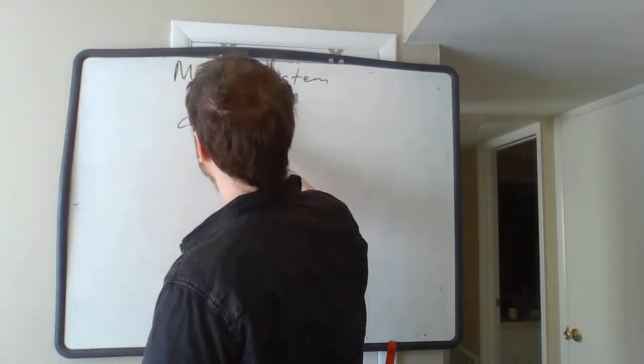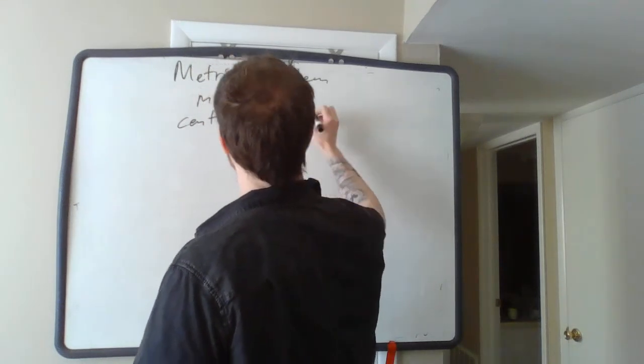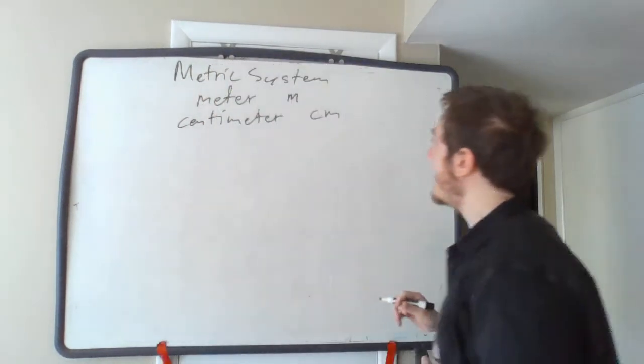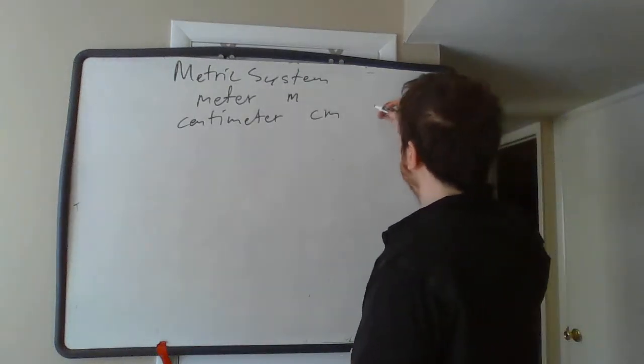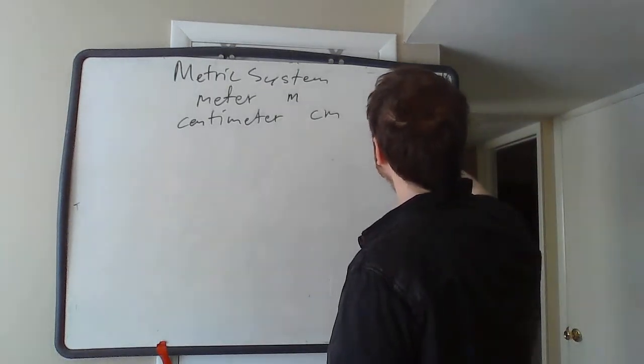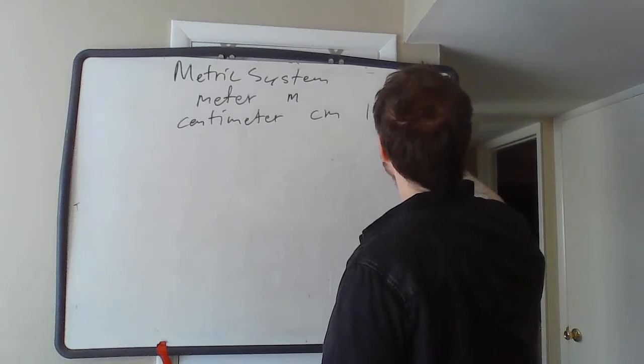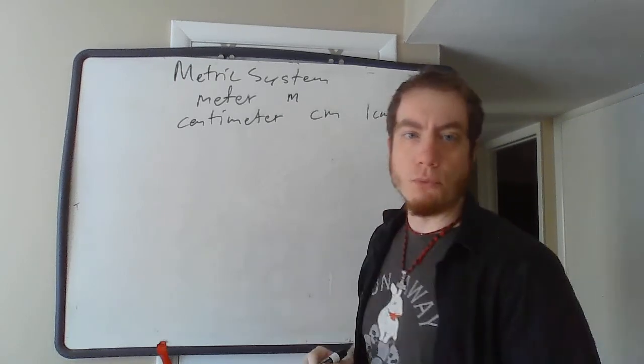So, for example, we have the centimeter, which is symbolized with cm, and this has the relationship that 1 centimeter is 1/100th of 1 meter.